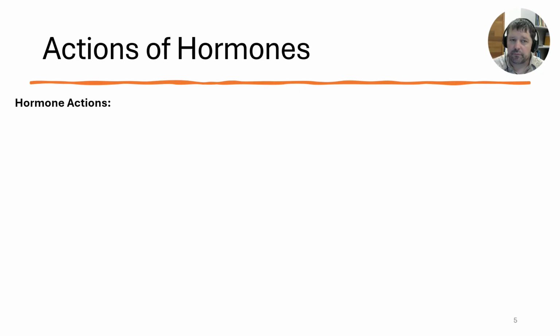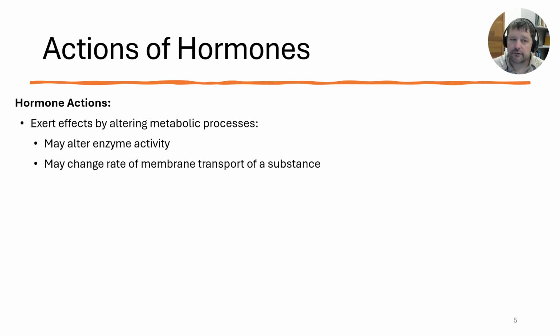So let's talk a little bit about that hormone in action. The way that hormones work is they entice some type of activity. Normally it's hormone, receptor, and then you get an action. That's based on kind of a metabolic process.